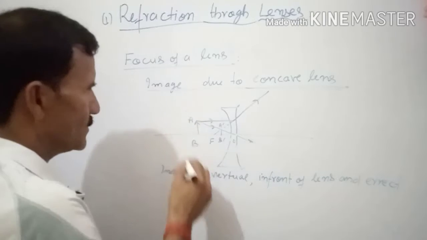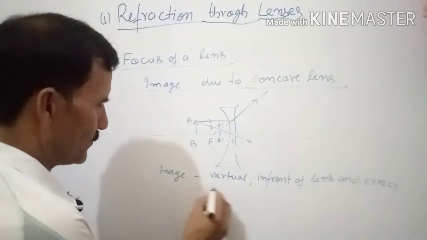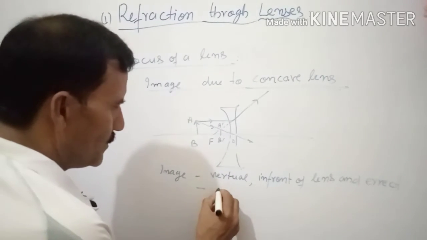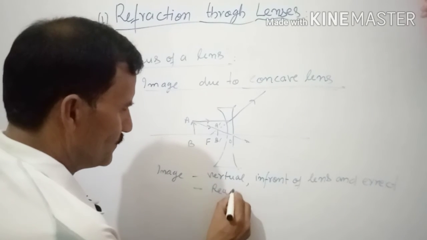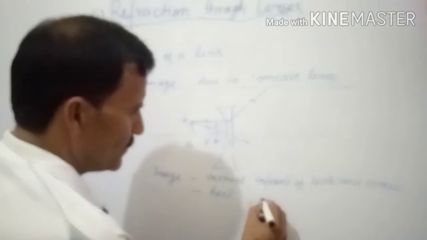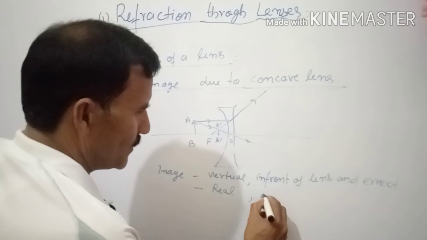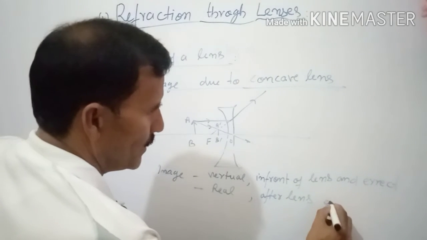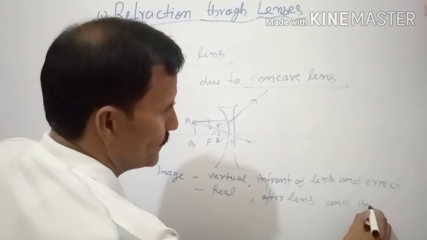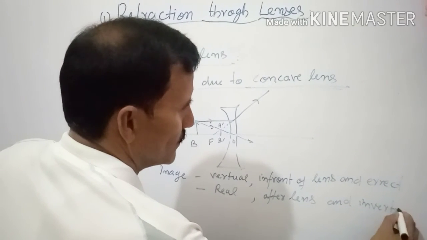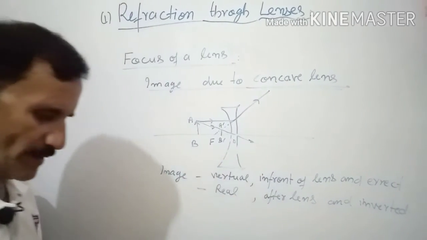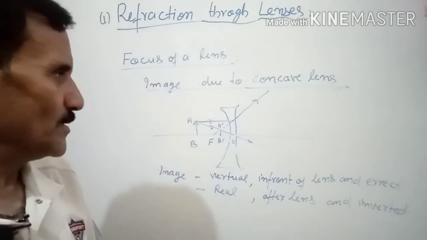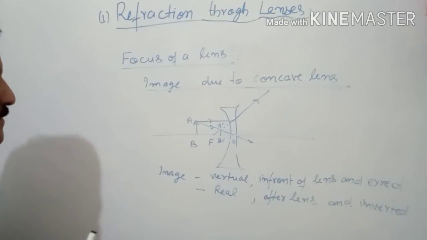And in the previous case, it was real, after the lens, and inverted. Okay, so these are the conditions of images and image formation through lenses.